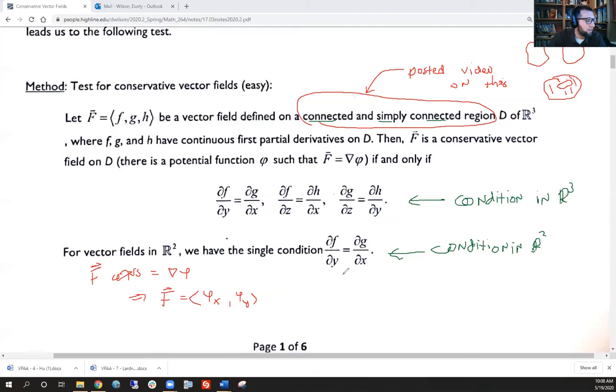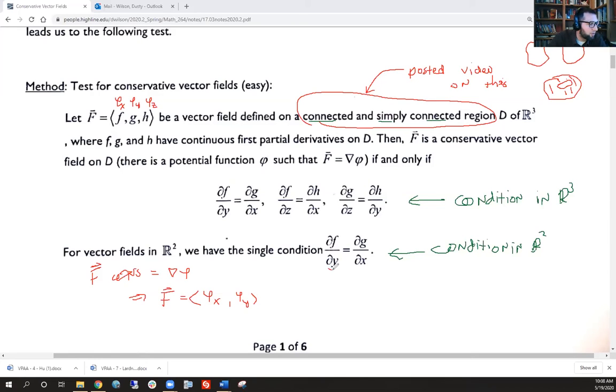And then here, just to make sure it's clear, we're saying that the little f would be like phi x, g would be like phi y, h would be like phi z. Phi z sounds like a name.